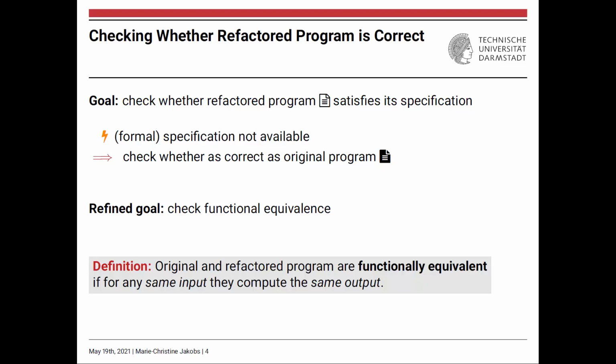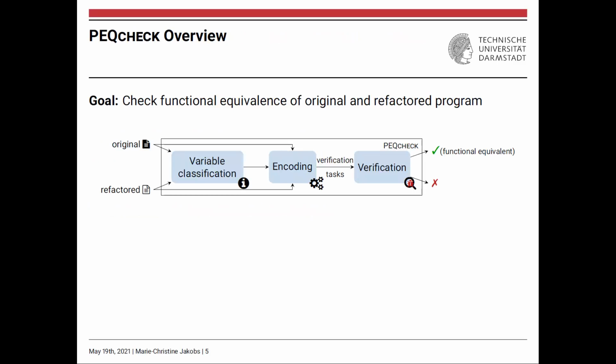What does functional equivalence mean? Original and refactored program need to compute the same output when they are given the same input. No matter what the input is, the computation should still result in the same output. The outputs may be different for different inputs, but both programs should still provide the same output for a given input. Now let us have a look at how PEG-check achieves this goal.